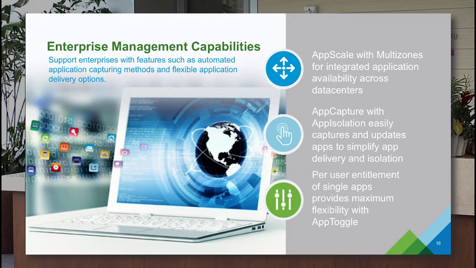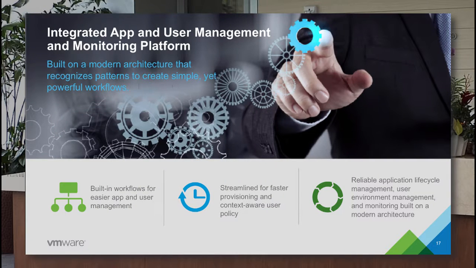And one of my favorites is app toggle, being able to create a single app stack and then to be able to turn on or off applications as they're needed without having to create entirely different app stacks every time. And to be able to have this integrated app and user management and the monitoring platform with built-in workflows and reliable application lifecycle management so that you're able to see how users are accessing, where they're accessing, and with what.